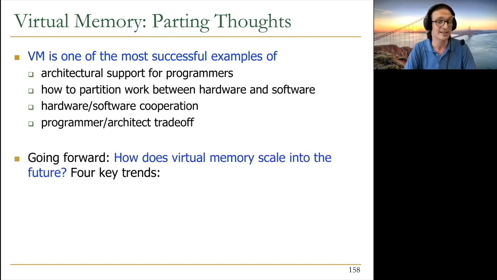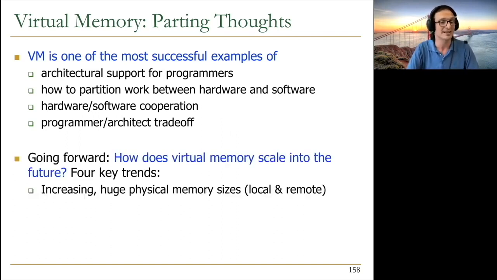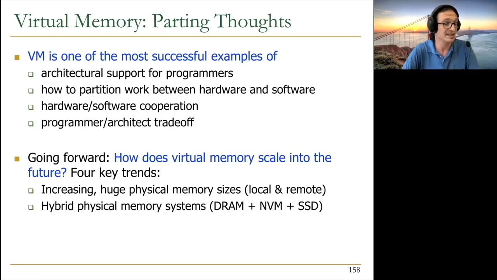But going forward, how does it scale into the future? It's not doing very well, in my opinion. And there are a lot of papers that are written on it. I'm going to show you some pictures of it also. But basically, we have increasingly huge physical memory sizes, both local and remote. And 256 terabytes is starting to sound small for our memory sizes, because data is huge.